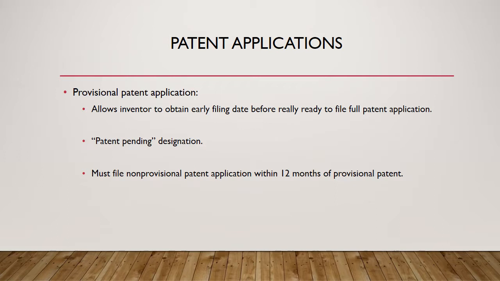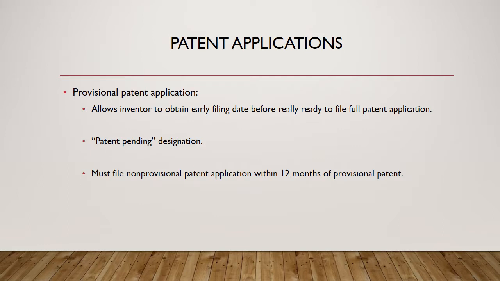So it's where you have filed your provisional patent, telling the government, I'm securing my filing date of today. I'm not ready to file for my full patent, but I'm going to let you know now, and I'm going to file my non-provisional application within the next 12 months. And that's when you get the opportunity to say our patent is pending.